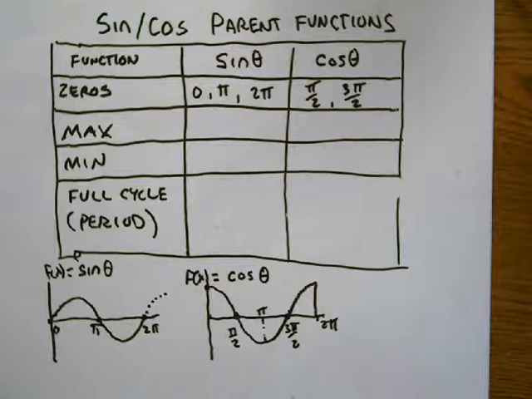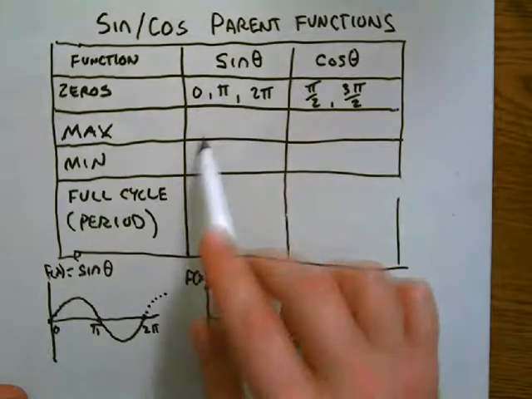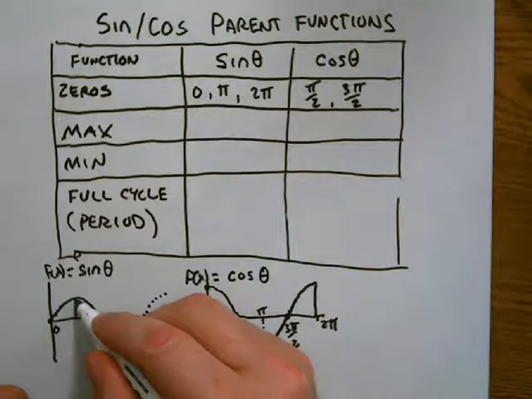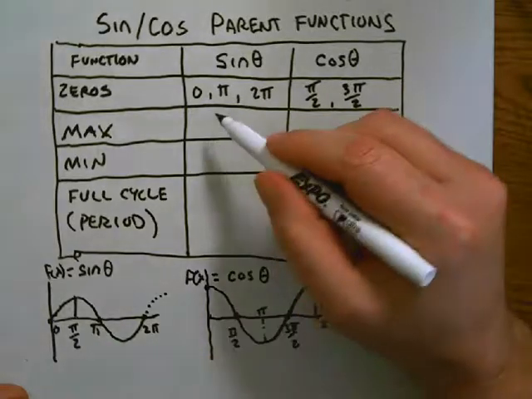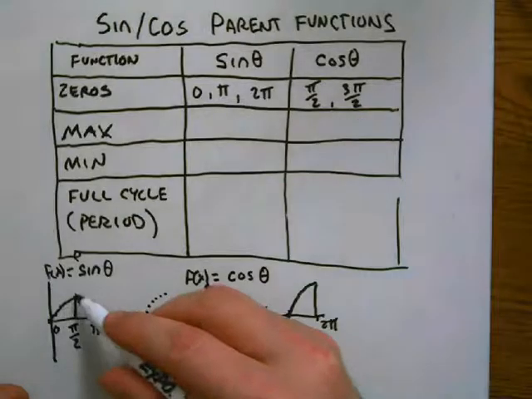Okay, so now we want to know about the maximums. The maximum for the sine function looks like it's right here. Remember, on the project, that was the longest piece of spaghetti, which actually occurred at pi over 2.